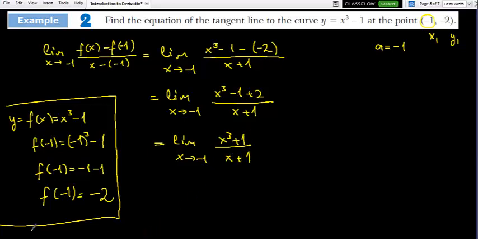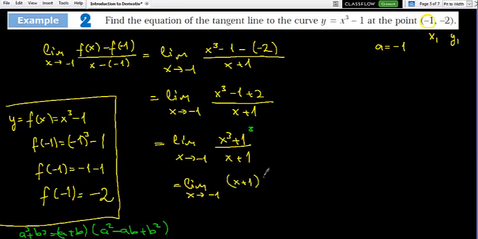Here again I'm going to remind you about this one: a cubed plus b cubed is equal to a plus b times a squared minus ab plus b squared. So here, x cubed plus 1 is the sum of cubes, and it's equal to the limit as x tends to minus 1 of x plus 1 times x squared minus x plus 1 over x plus 1.